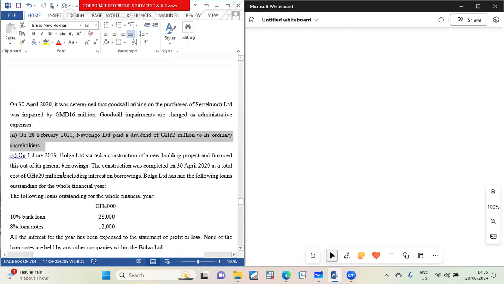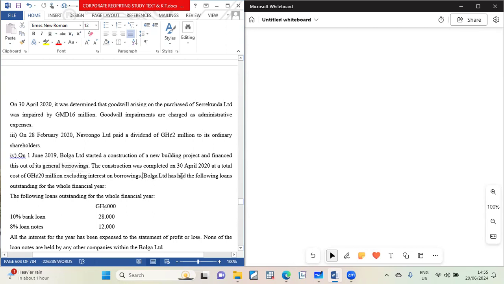It's intra-group. So on June 2019, Bolga started the construction of a new building and financed it through a general borrowing. General borrowing brings to mind IAS 23, borrowing costs. The construction was completed on 30th April 2020 at a total cost of 20 million, excluding the interest on borrowing.